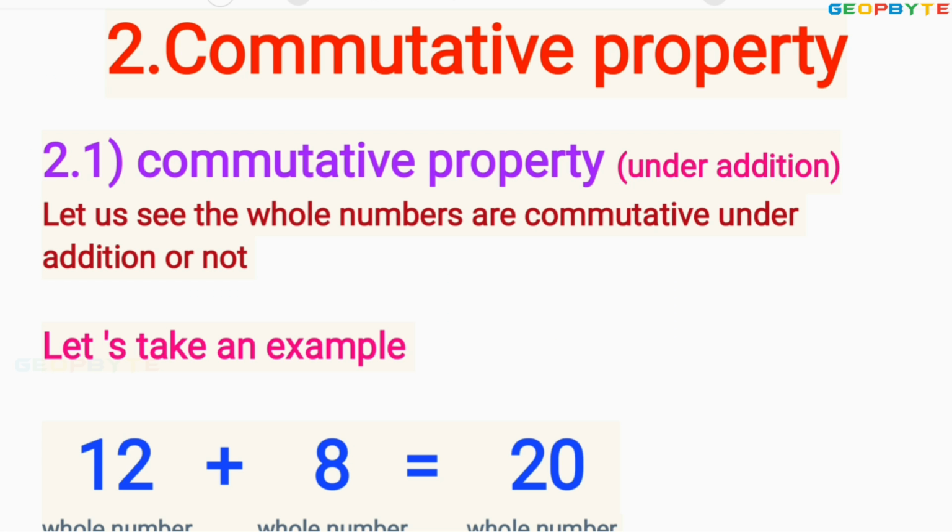Dear children, the commutative property is also going to be verified under addition, multiplication, subtraction and division. The very first one is the commutative property under addition. Let us see whether the whole numbers are commutative under addition or not. It is like this.